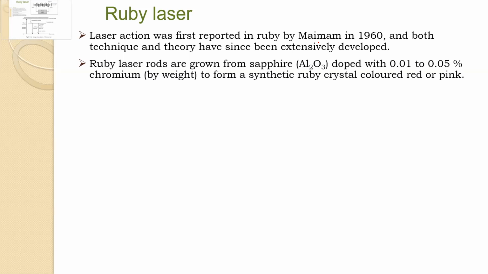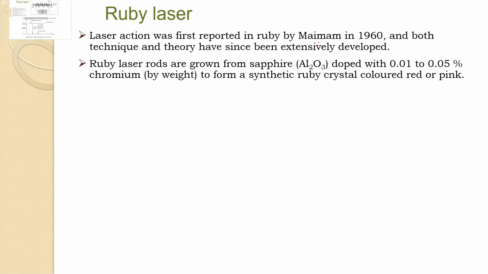And the ruby laser is made from ruby rod. It is grown from sapphire. It is aluminum oxide doped with 0.01 to 0.05 percentage chromium by weight to form a synthetic ruby crystal colored red or pink.